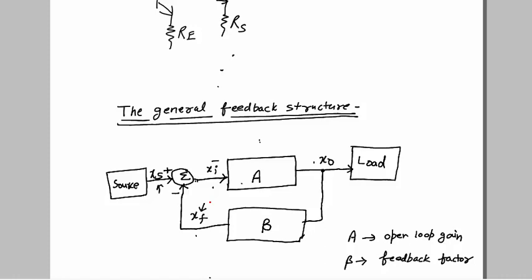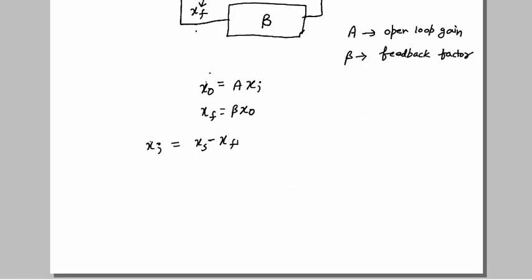Now we know that A, which is the open loop gain, by definition is the output by the input. This we can write as x naught by xi, and xi we can write as xs minus xf.